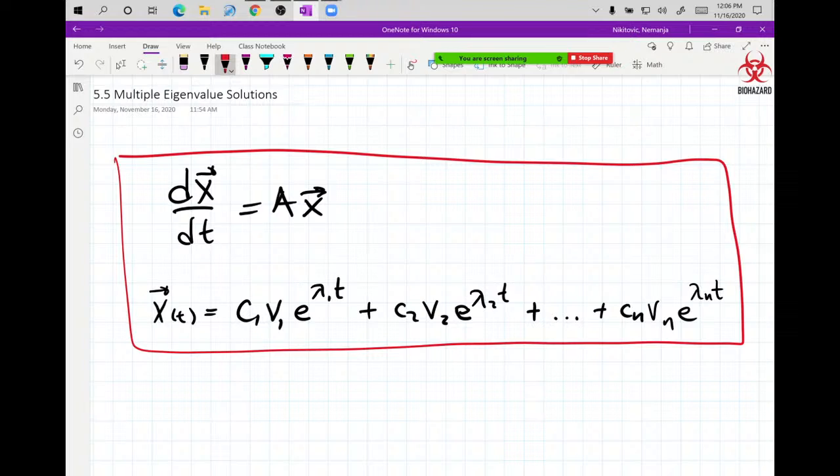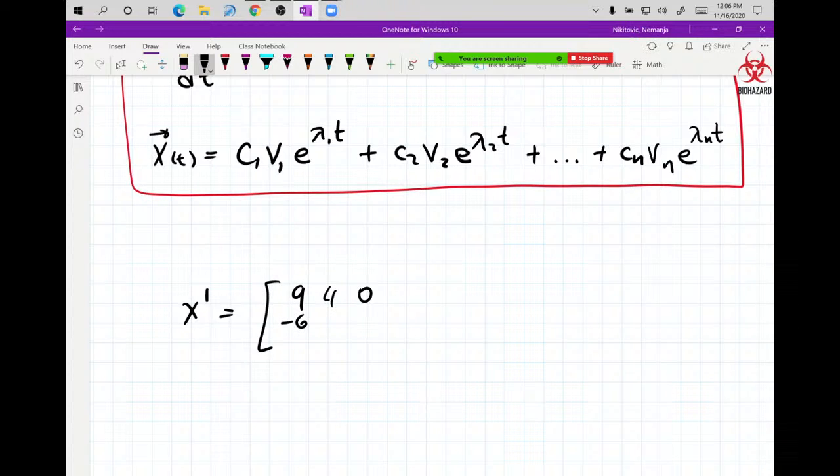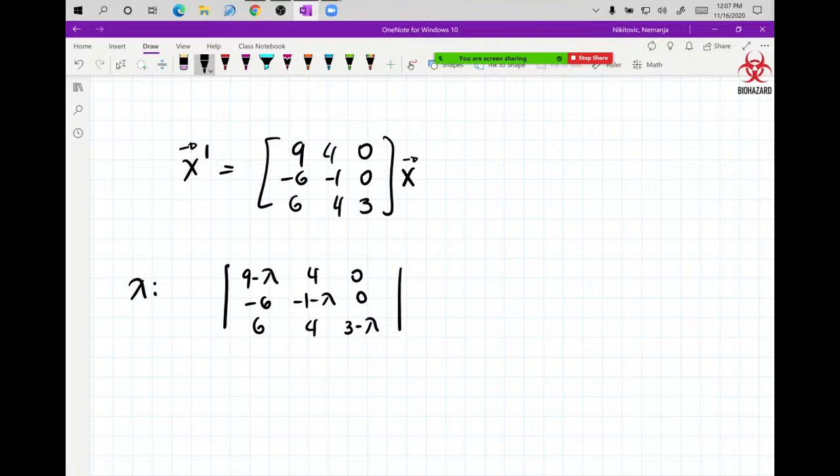Now, what happens if, once you solve for those solutions, you end up with a repeated eigenvalue? So let's say your system is x prime equals the matrix 9, 4, 0, -6, -1, 0, 6, 4, 3, times the vector x. So what do we have? Well, to solve for lambdas, we find the determinant of 9 minus lambda, 4, 0, -6, -1 minus lambda, 0, and 6, 4, 3 minus lambda.